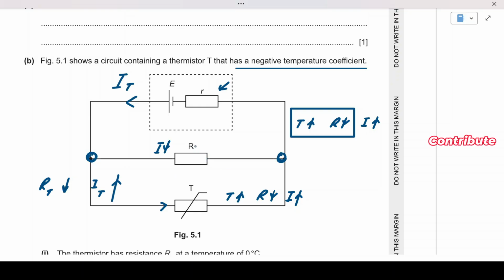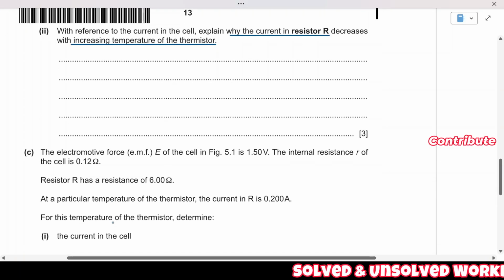So we have to answer for this one: the voltage across R will now be smaller. And if it has a smaller voltage, but the same resistance, then the current should be reduced. Now let us answer it properly.